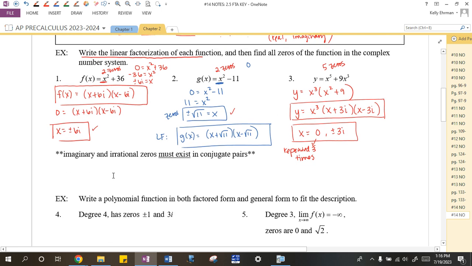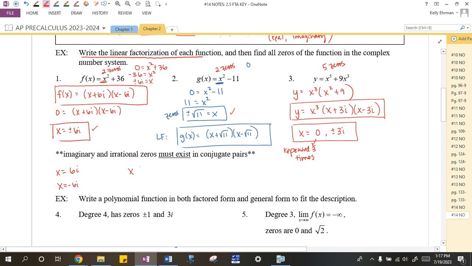Before we get to the next section, where we start writing polynomial functions given the zeros, we have to know that imaginary and irrational zeros have to exist in these conjugate pairs. So if I know that 6i is a zero, then I also have to have negative 6i.